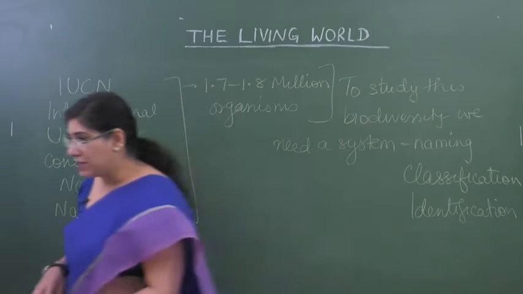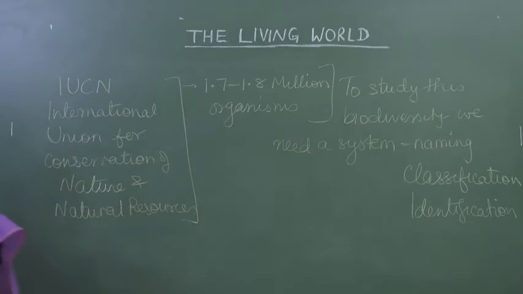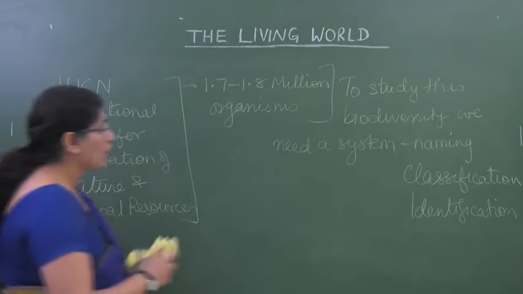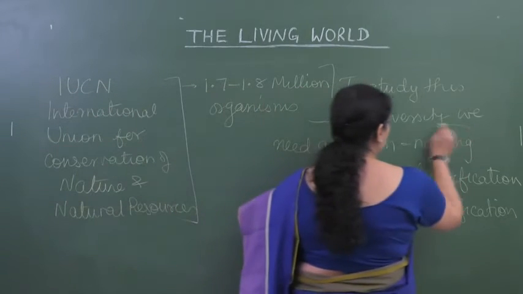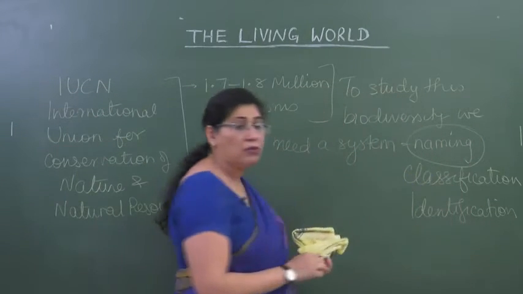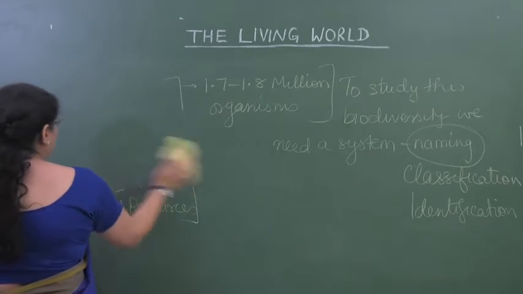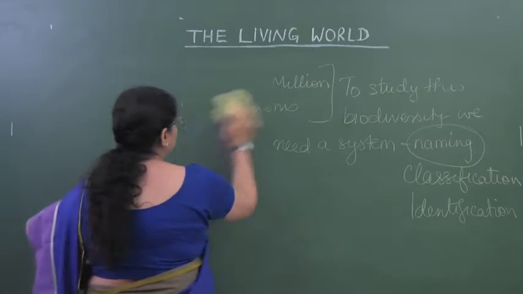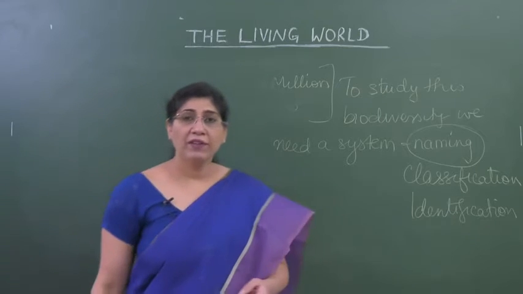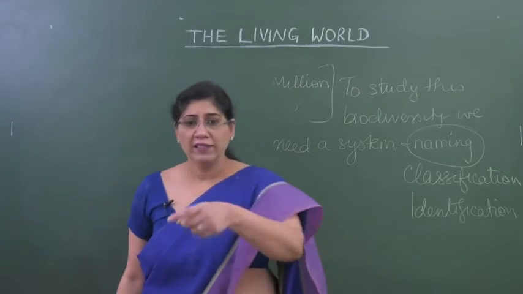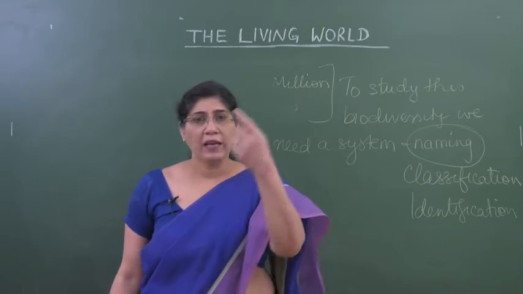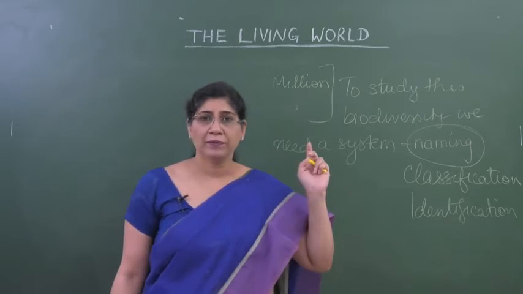So our aim is to study the organisms. So first thing I am starting with is how to name an organism, because if I have to classify them and group them, I must have a name. I can't say A is this, B is this, C is this, A, B, C, D, the 26 letters will run out.